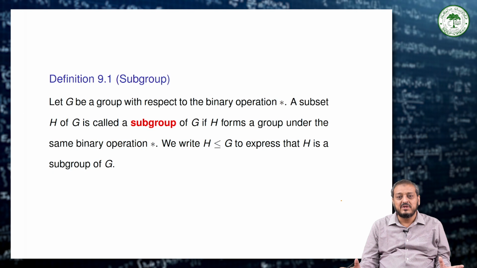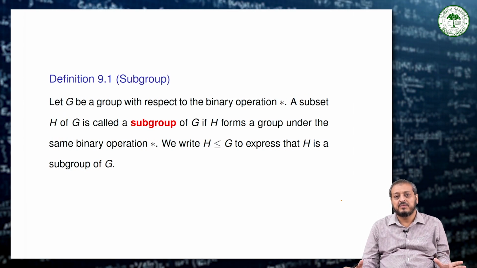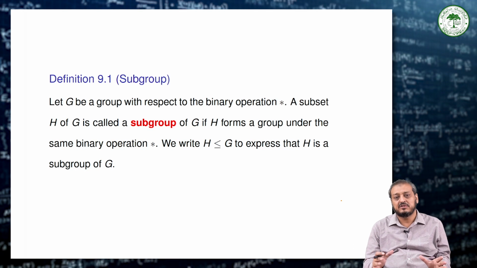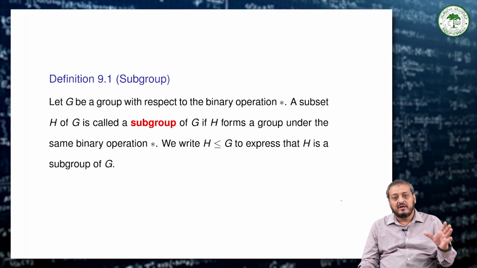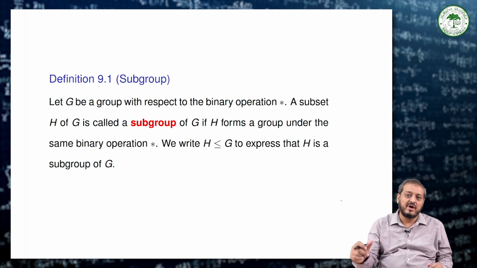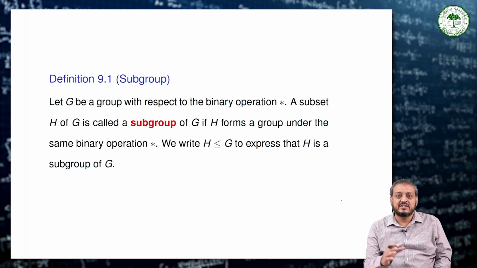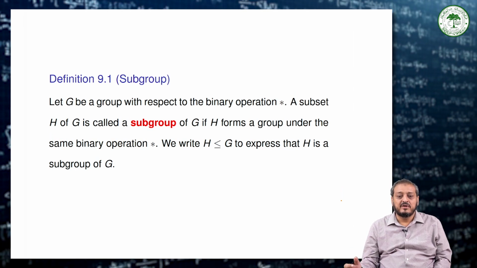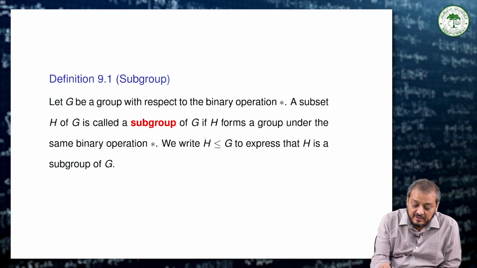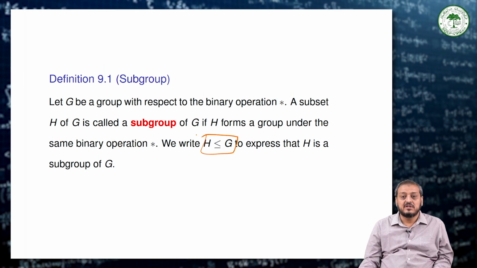In simple language, if G is a group and we take H as a subset of G, and H itself is a group under the same binary operation as the operation of G, then we can say that H is a subgroup of G. We write H ≤ G in these notations to express that H is a subgroup of G.